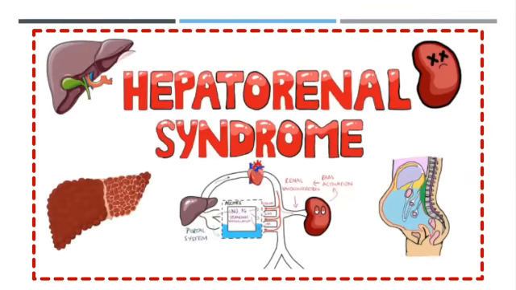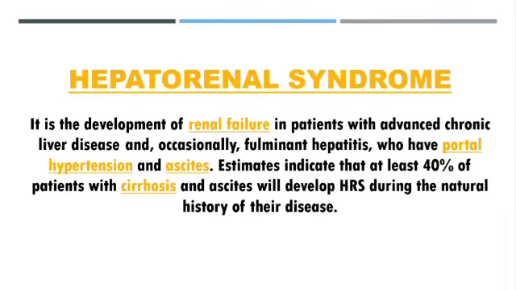Now come towards the main topic, hepatorenal syndrome. As you can see, hepato means liver and renal means kidney. So it is basically a disease of liver and kidney. Hepatorenal syndrome is the development of renal failure in patients with advanced chronic liver disease and occasionally fulminant hepatitis who have portal hypertension and ascites.